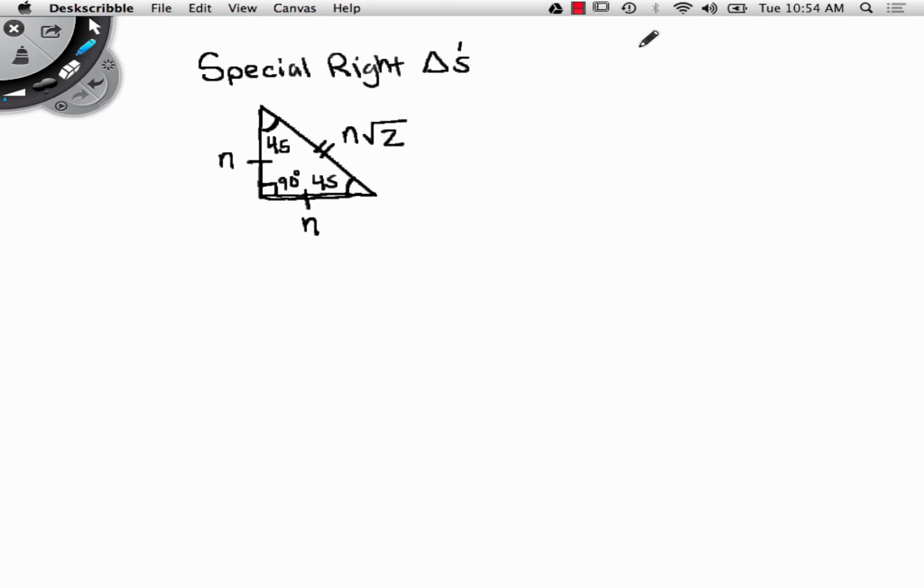So what you need to be able to do for me is I need to be able to give you any side of that right triangle, and you can find me the other sides. So here's a case. Let's say that this is a 45, 45, 90, and that this side right here is 5 square roots of 2.